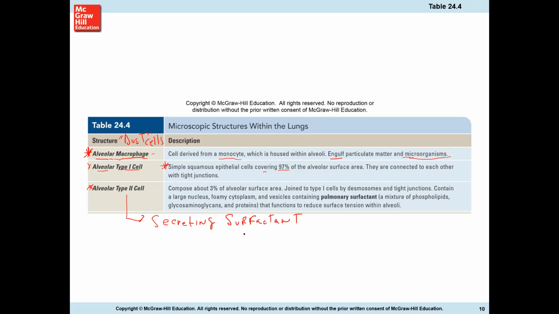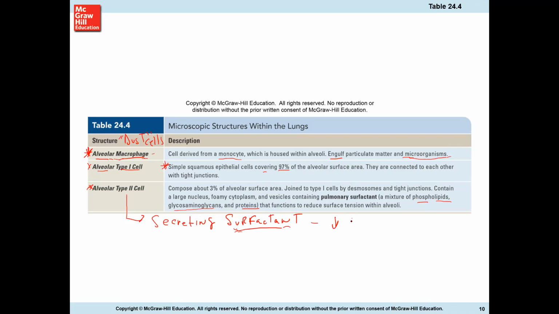So surfactant, again, it tells you it's a glycosaminoglycan and protein phospholipid. But look what it says. Phospholipid, okay, phospho, that's polar, lipids non-polar. Glycosaminoglycans is polar, proteins. So the surfactant reduces surface tension.